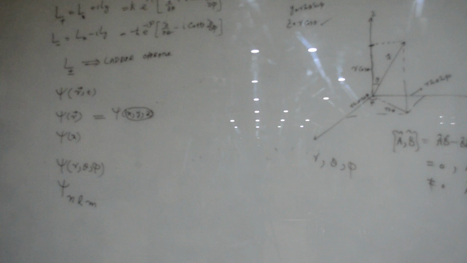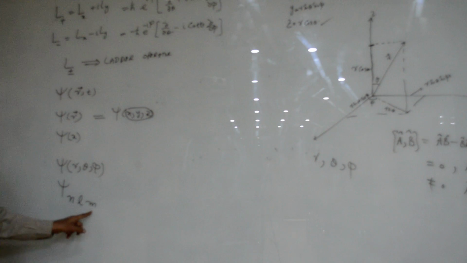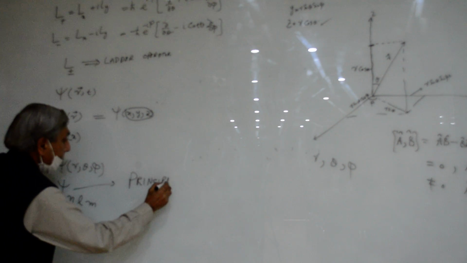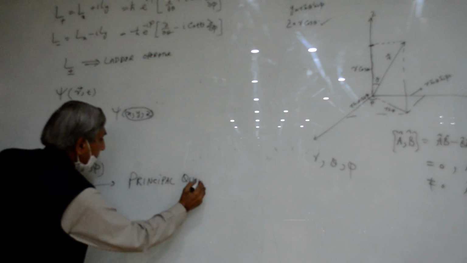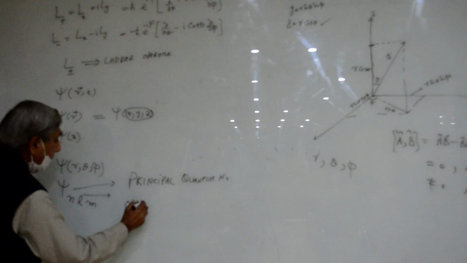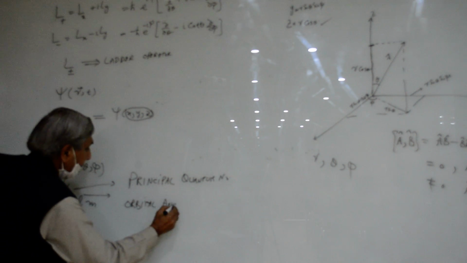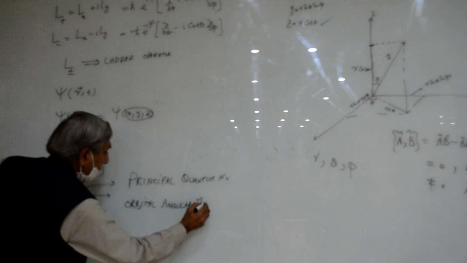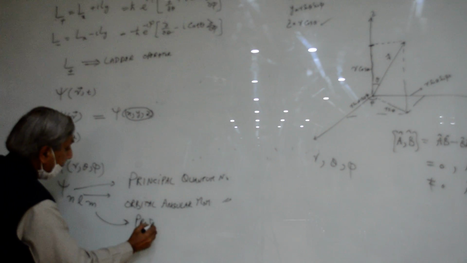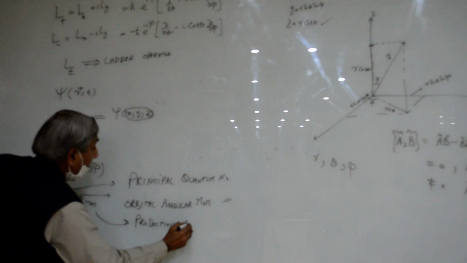Here n means principal quantum number, l means orbital angular momentum quantum number, and m means projection or magnetic quantum number.